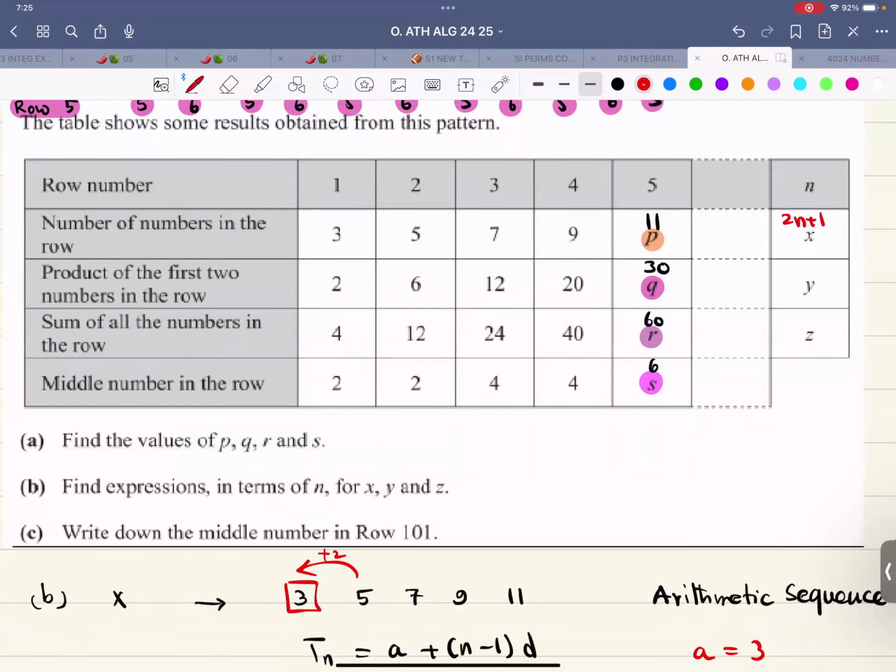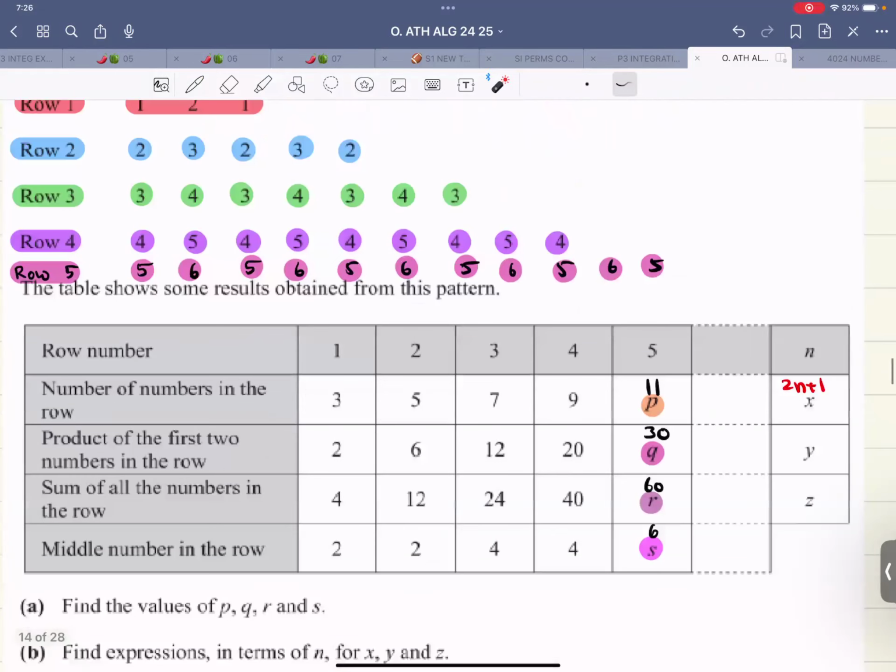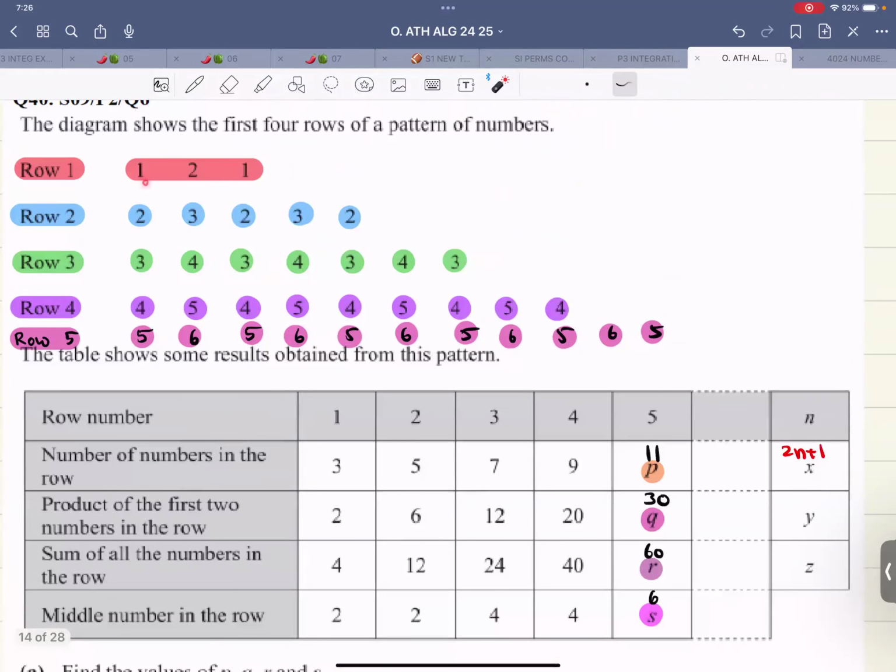Now the next thing, that is product of the first two numbers. How can I get this? Product of the first two numbers, this is 2. This is 6. 2 into 3 is 6. 6 into 2 is 12. 12 into this thing, no, it's not working out. Now, the first number is what? The first number is this thing.